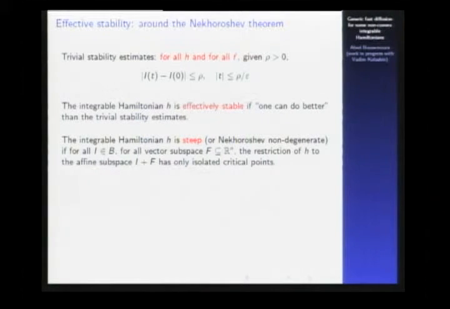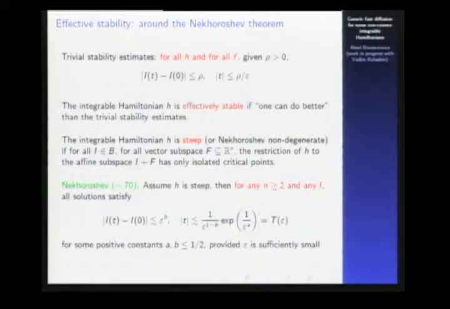What's the purpose of this definition? What Nekhoroshev proved is that if your H is steep, then it's effectively stable. In fact, it's much more than effectively stable; you have much better than this. So assume H is steep, then for any n bigger than 2, I always put n equals 2 because n equals 1 there's nothing to say about that, and for any f, all solutions satisfy this.